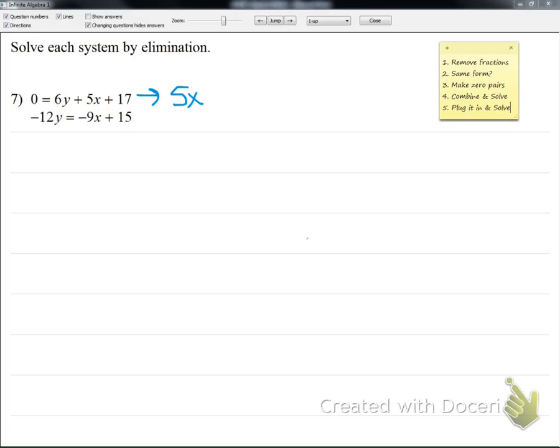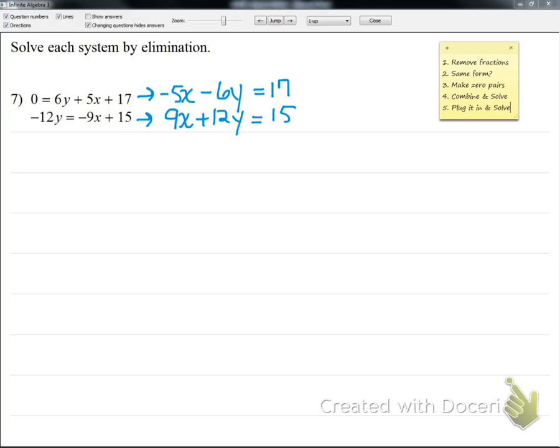It does not change signs because it didn't, well, yeah, we are kind of changing the side of the equation, so I better put a negative 5x minus 6y is equal to positive 17.